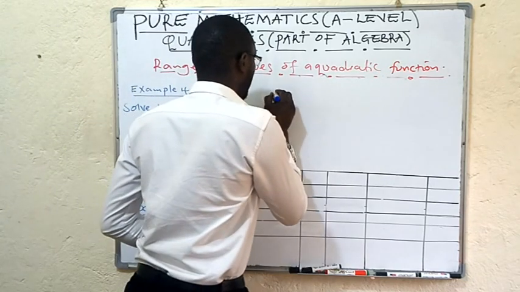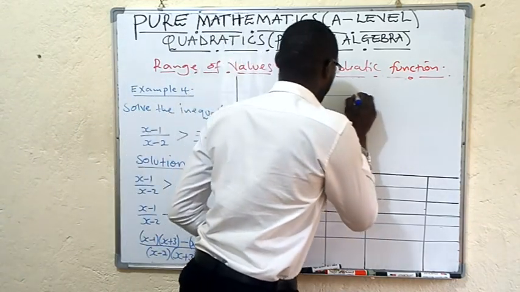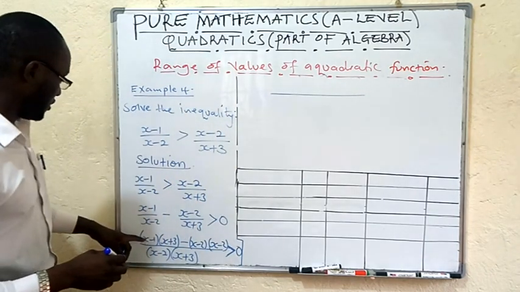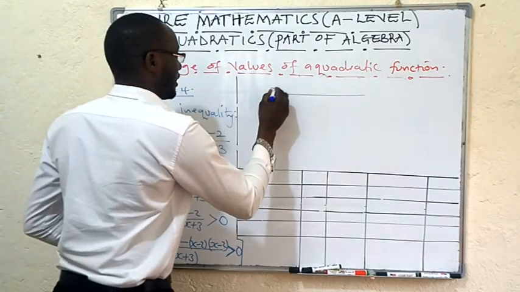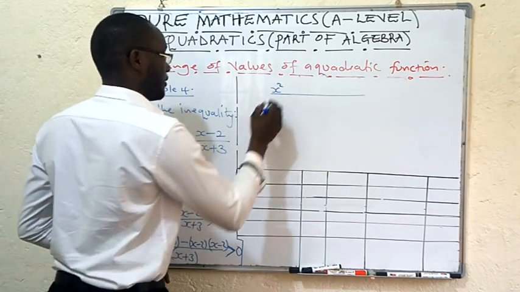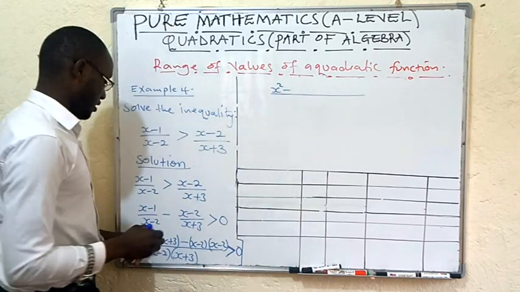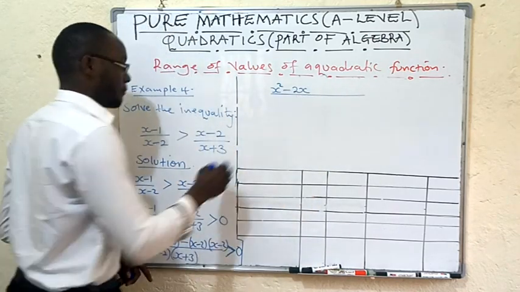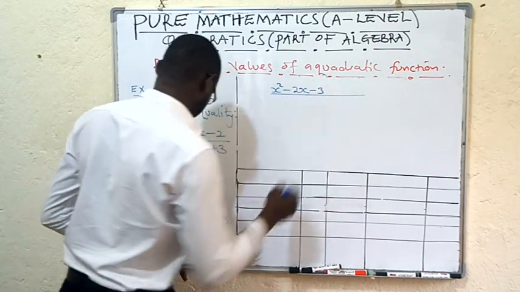So we shall have our fraction here, and it is going to be greater than 0, as we are going to see. So this has given us x squared, good, then minus 2x, then minus 3. Is that correct?